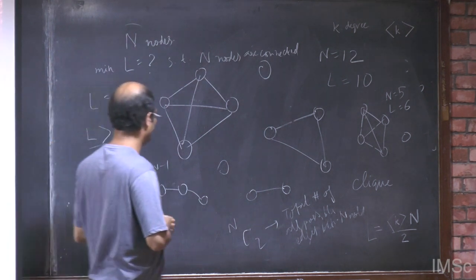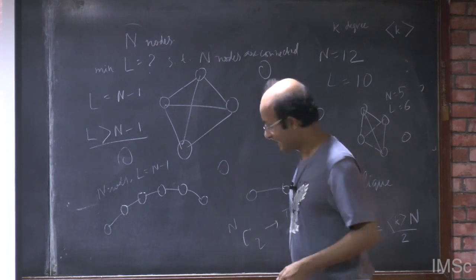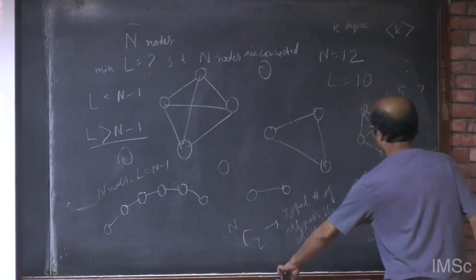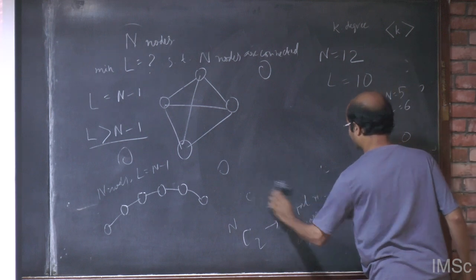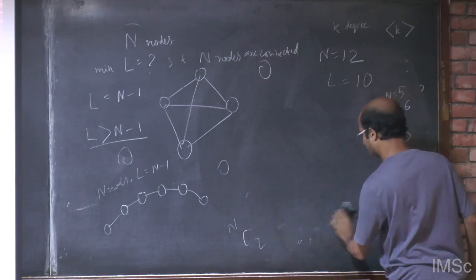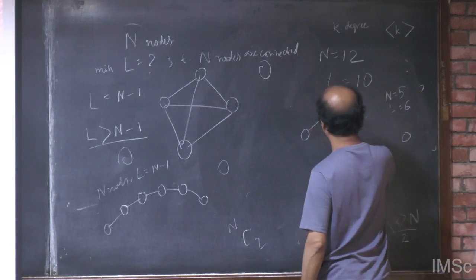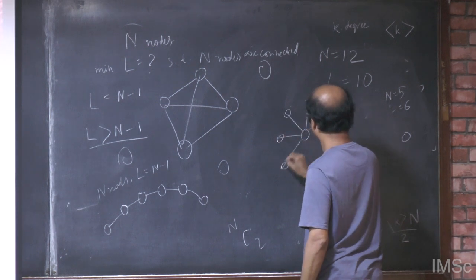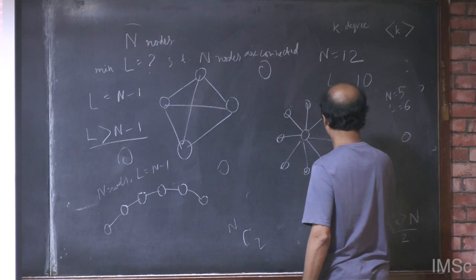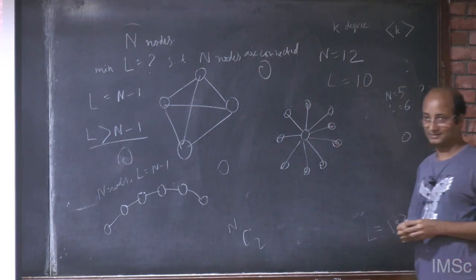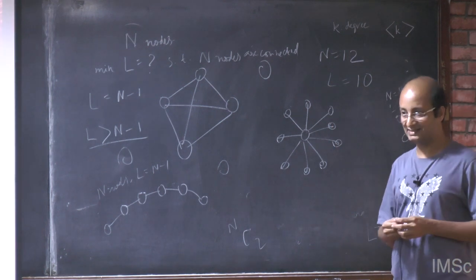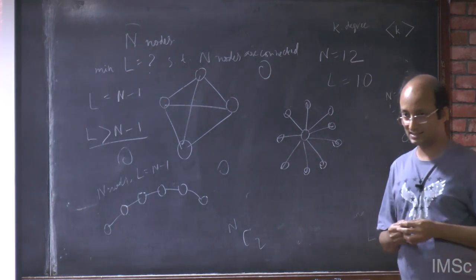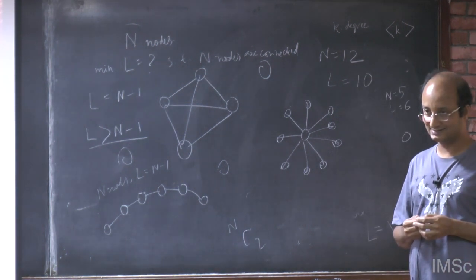But now what if I give you a network which looks like this? How many edges are there if there are n nodes?